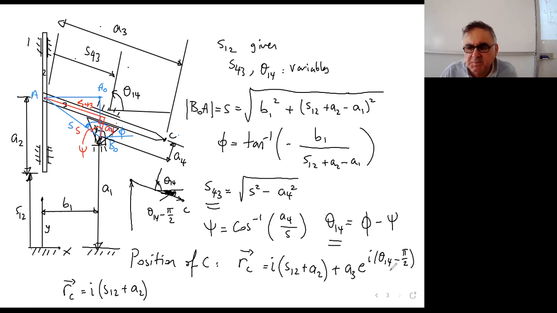Now this is e to the minus I pi over 2, which means multiplying it with minus I, A3 e to the I theta 1, 4. Okay.